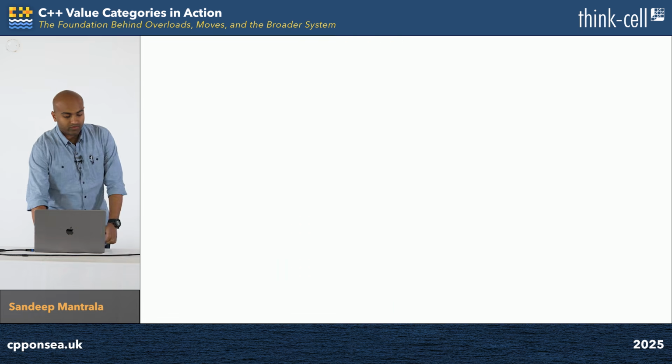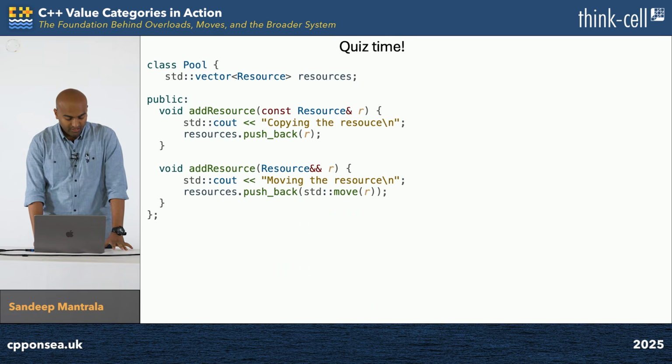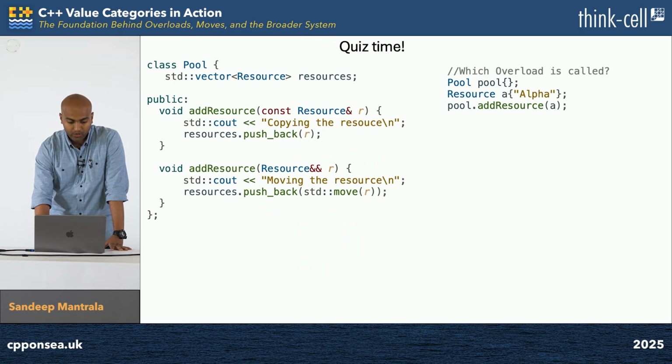Okay, so a little quiz time first. We have a class which has a vector of resources here. And we have two overloads, add resource and add resource. One which is taking a const lvalue reference, and the other which is taking an rvalue reference. So nothing fancy, it's just standard code. So here, in this case, which overload is called?